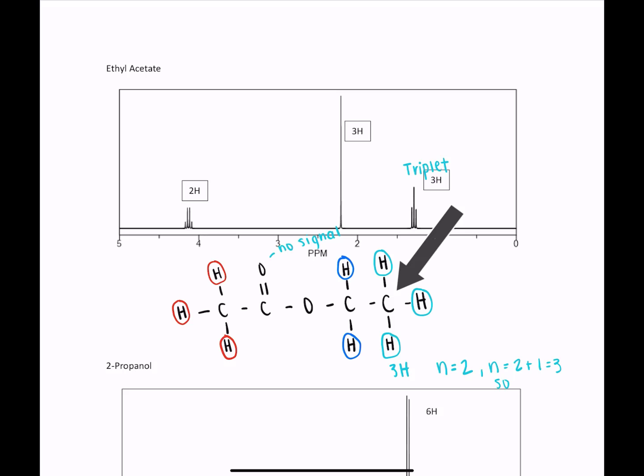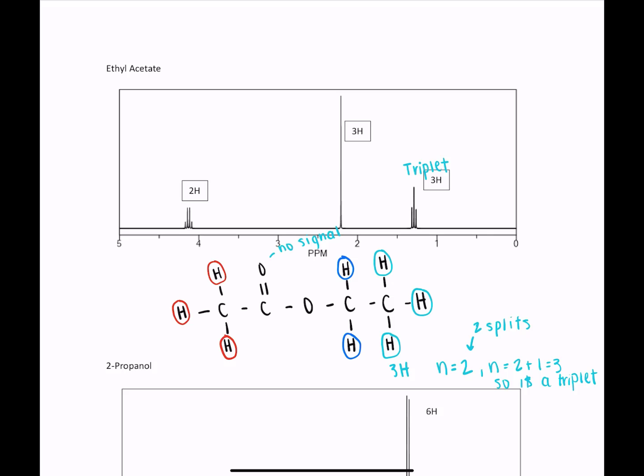So this carbon is a triplet, as shown right here. So n equals 2, which means there are 2 splits. And it is a triplet.